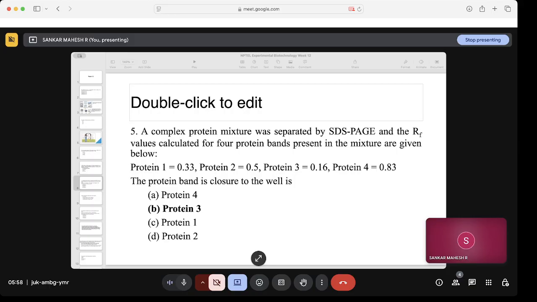Let's say the length of the gel is 10, but you run the gel only till about 5 centimeters. Now, what will be in the denominator for your retention factor when you calculate? Do you get my question? Yes, sir, I got it.